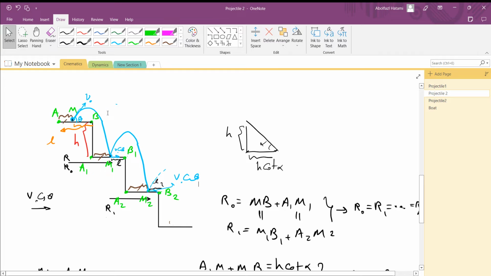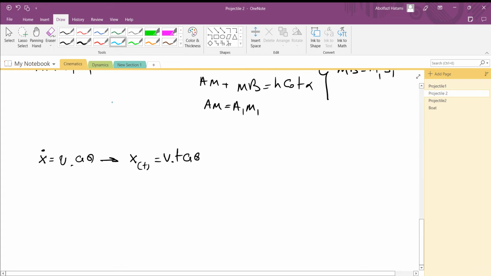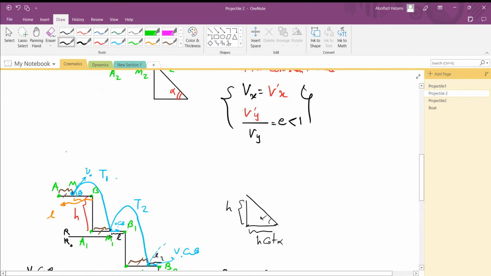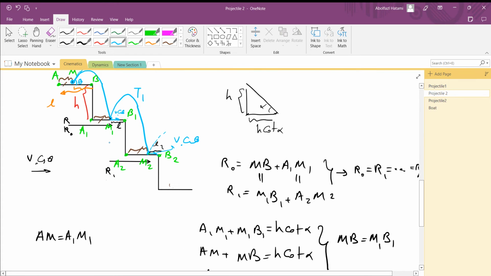It means that if I call the time where our ball is in the air here t1 and here t2, so we can say that r0 is just v0 t. Let me call it t0, not t1. It is just t1, and also we have tn.